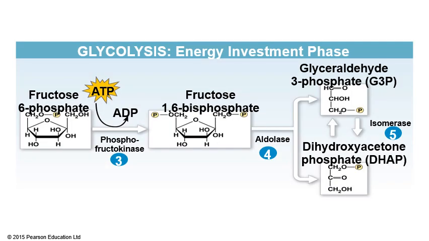This fructose 6-phosphate consumes one more molecule of ATP and becomes fructose 1,6-bisphosphate. This fructose 1,6-bisphosphate gets split into 2 molecules of C3.